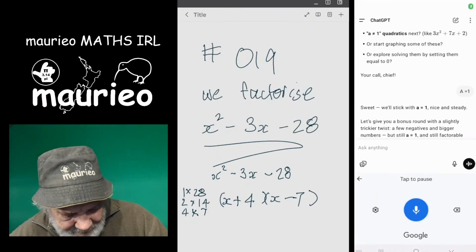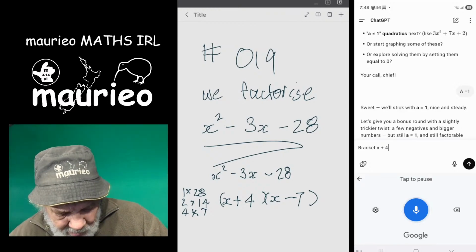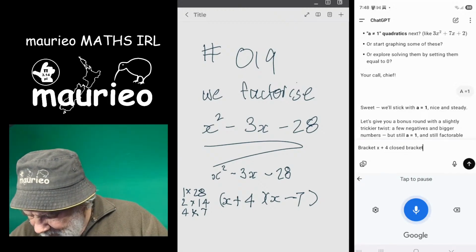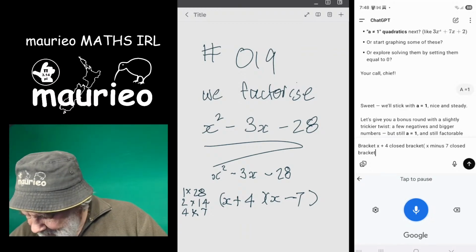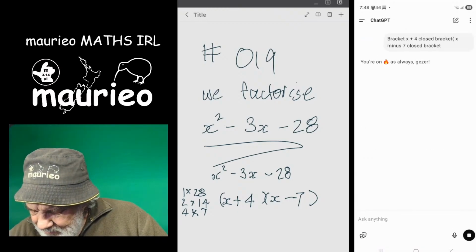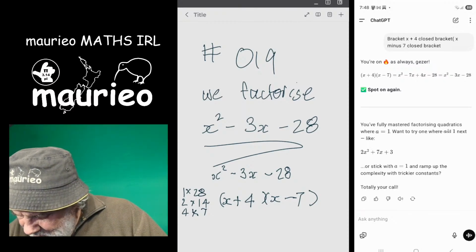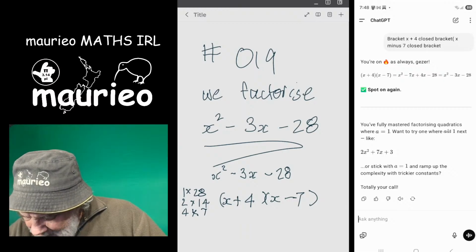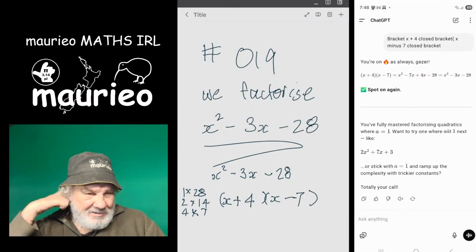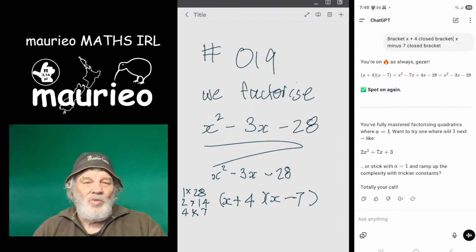Bracket x plus 4 close bracket, open bracket, x minus 7, close bracket. You're on fire. There it is. That is the correct answer. You've fully mastered factorizing quadratics where a equals 1.